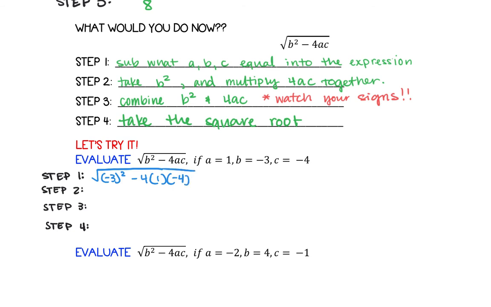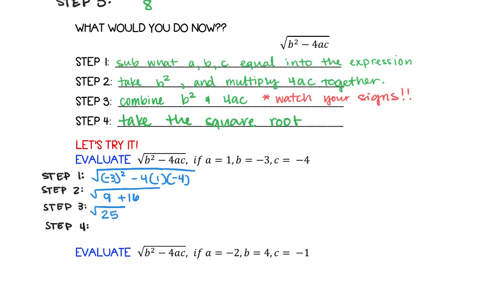All right, step 2, we are going to take b squared and multiply 4ac together. So -3 squared is a +9, and then -4 times 1 is -4. -4 times -4 is a +16. From there, we are going to combine b squared and 4ac. So 9 plus 16 is 25.